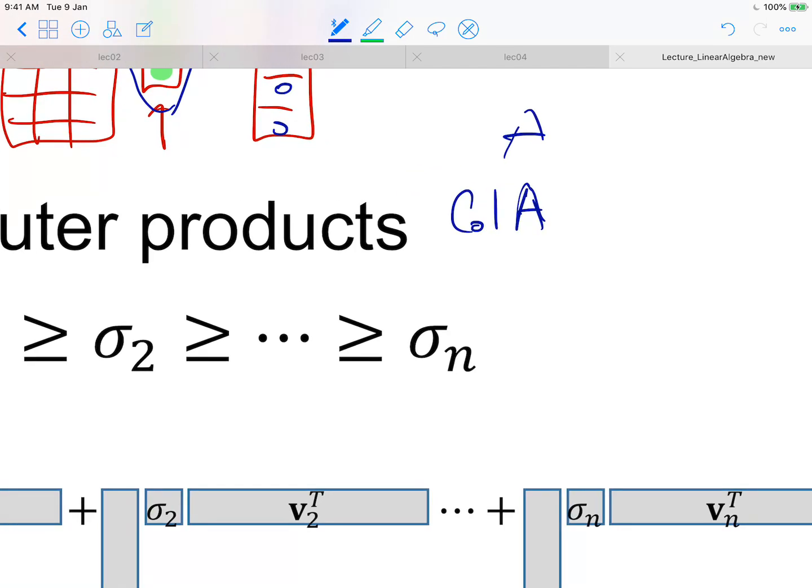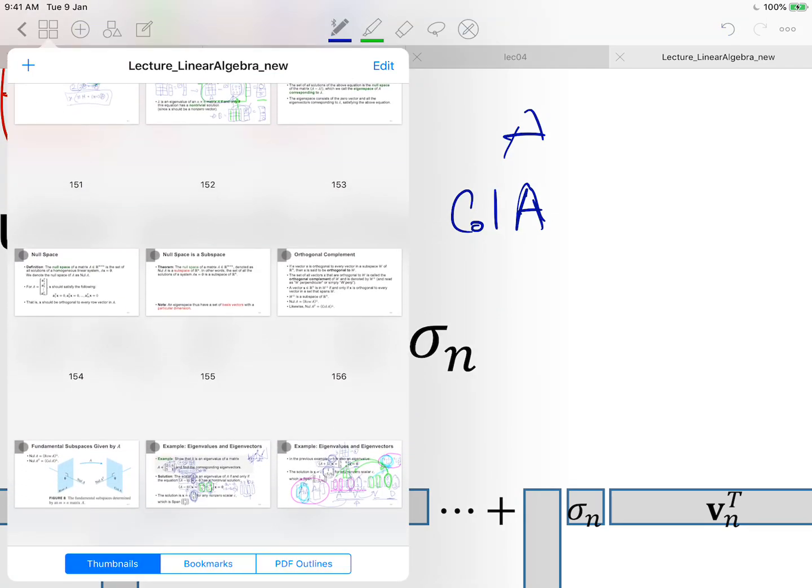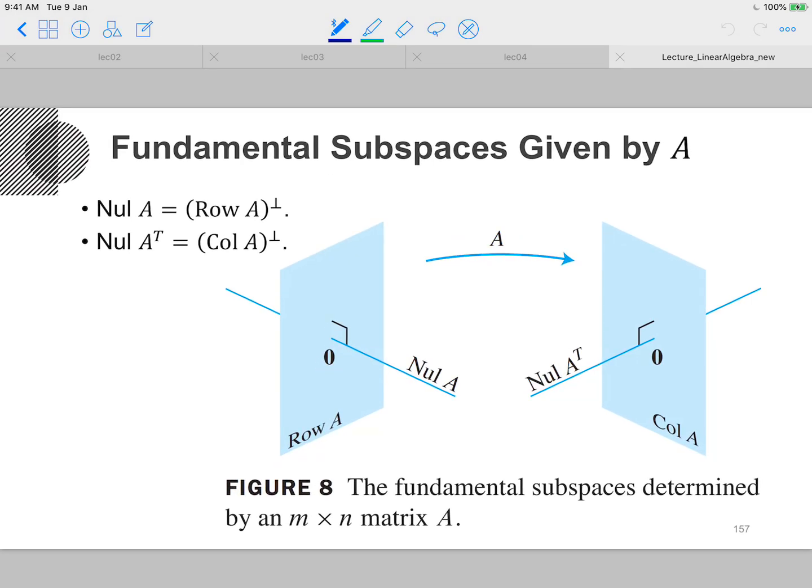So yeah, this notion of orthogonal complement, I believe I have some slides over here. This is a fundamental subspace associated with the matrix A. Let's just forget about the singular value decomposition and just deal with this 5 by 3 matrix as an input.